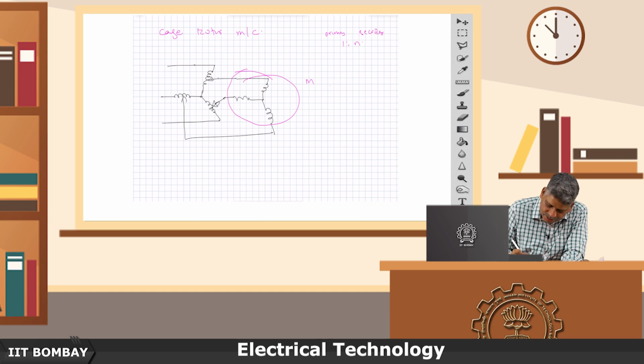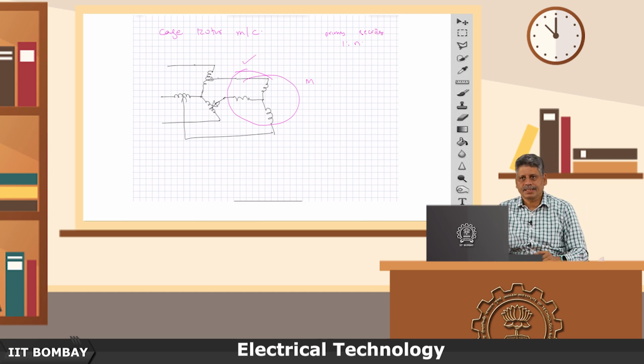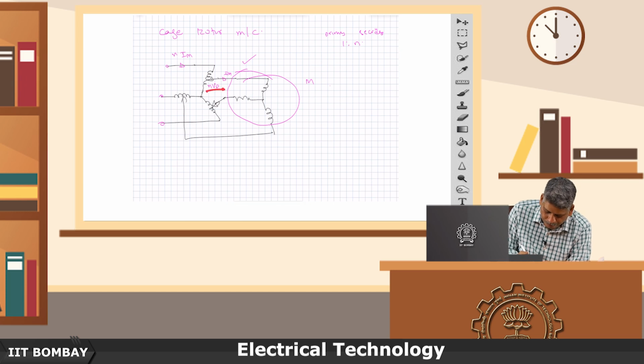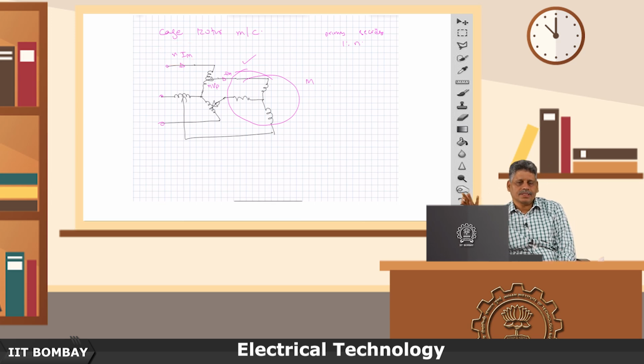The primary side is this supply side, and the voltage on the secondary side is n times the phase voltage, and if the motor current is say I_m, then reciprocally on the primary side the current becomes n times I_m.